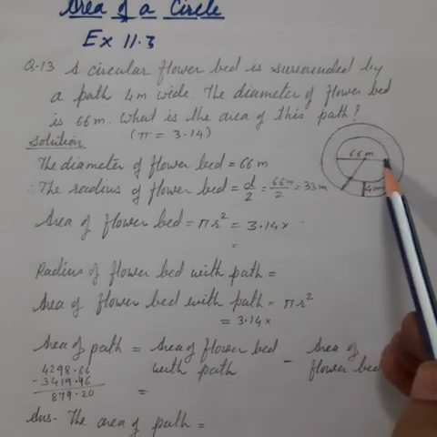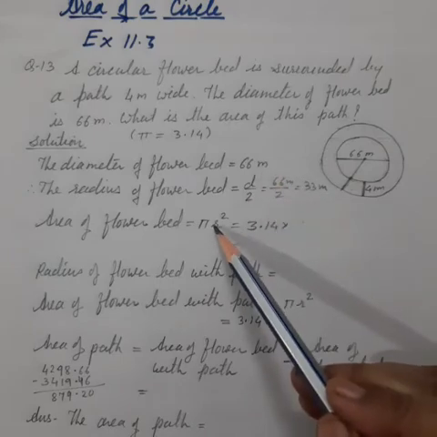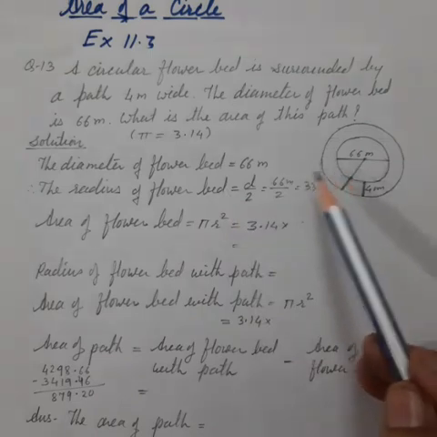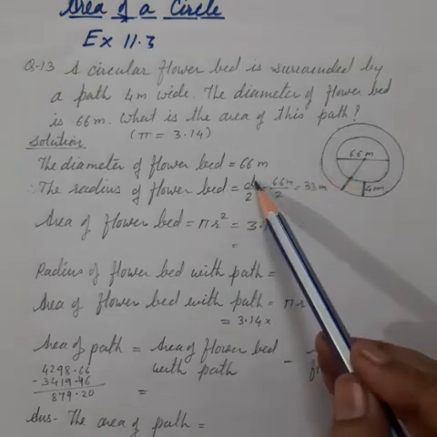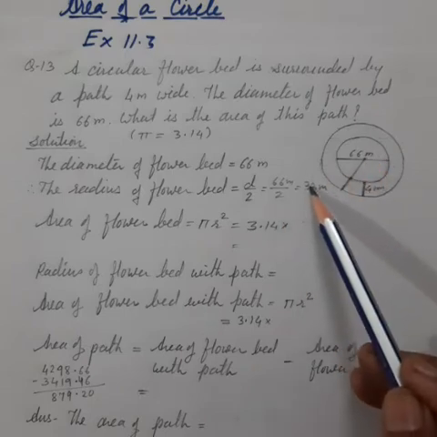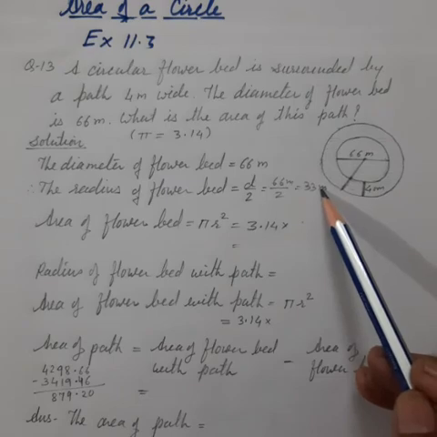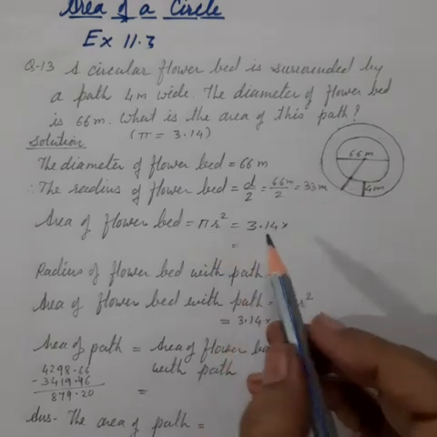Here the diameter of flower bed is given 66 meter. But for finding out the area, we want radius. So find out the radius first. We know that radius is equal to diameter by 2. So divide this 66 meter by 2. We get the radius of flower bed 33 meter. Now find out the area. Area is pi r square.